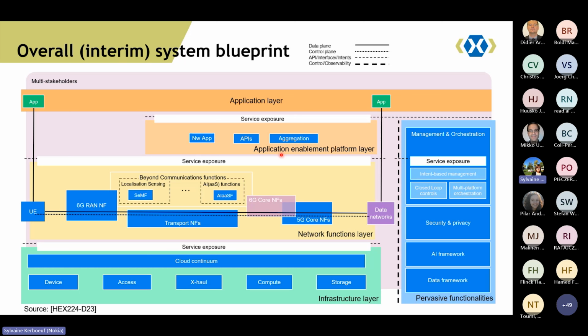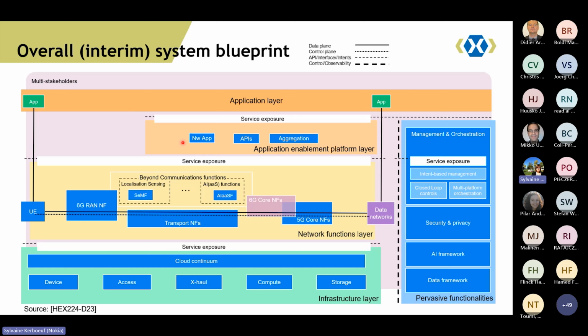And then we've got this application enablement platform layer that provides exposure of services towards the application ecosystem, so they can interact with the underlying network.